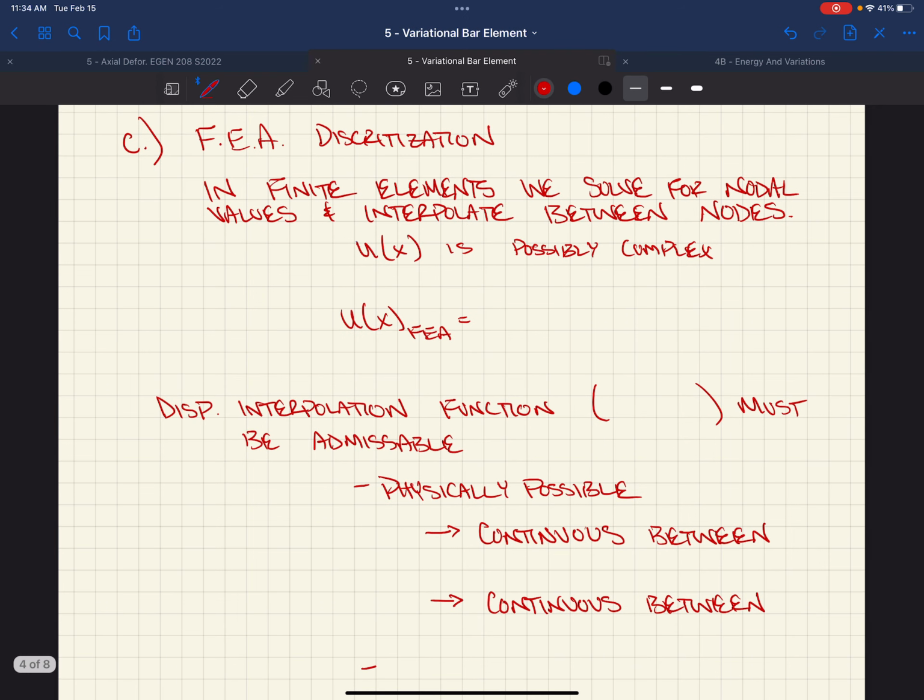Well, in the finite element analysis method, we no longer look at this uniform, continuous displacement model across the entire element or across the entire real world model, and we discretize it. So we're looking at the displacement of FEA, if you will, which is really the interpolation between nodal values.